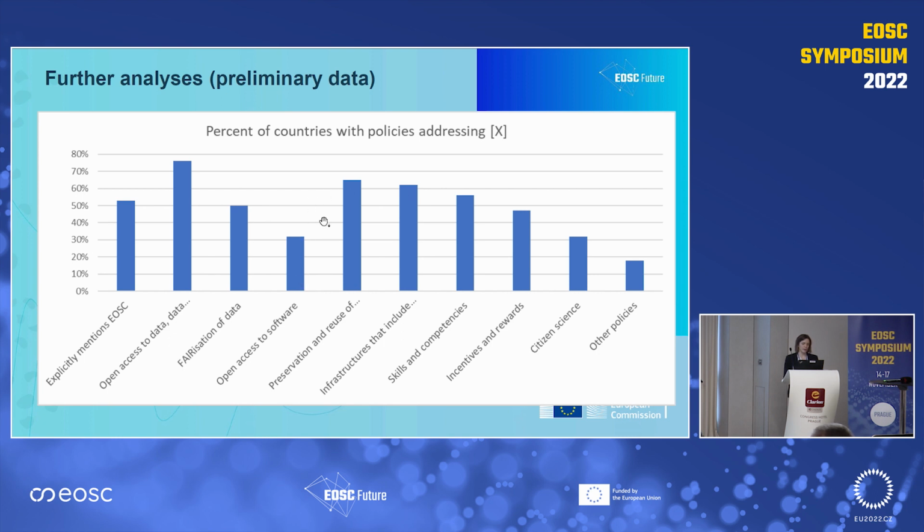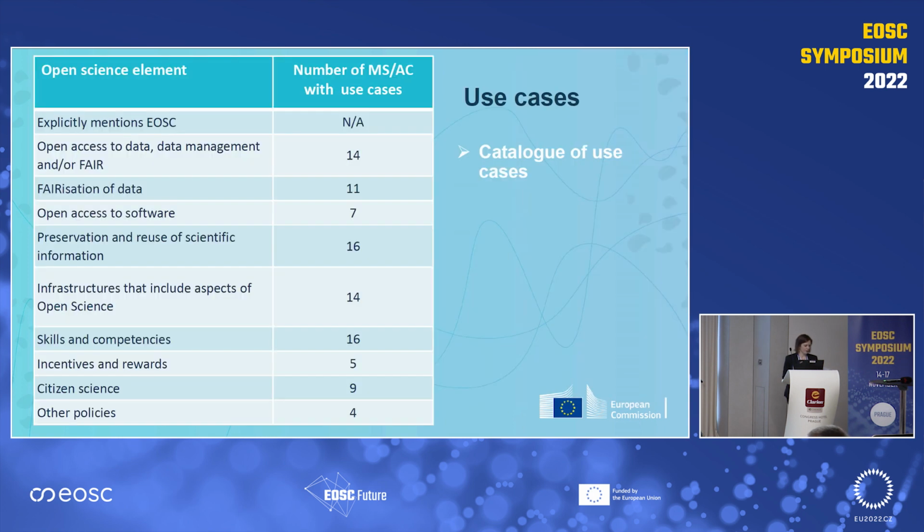And the policies that are perhaps less covered in here are open access to software and citizen science, which here is around 30% compared to the more frequently covered areas, which goes over 60%.